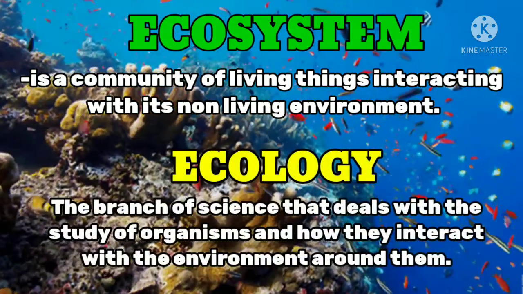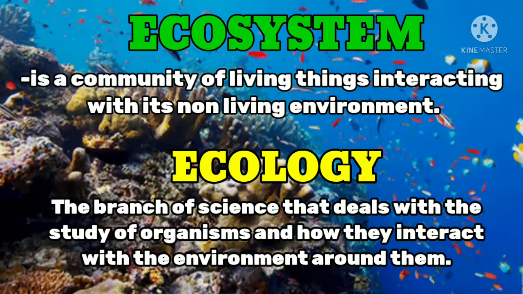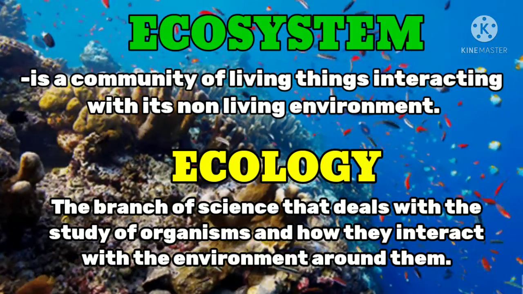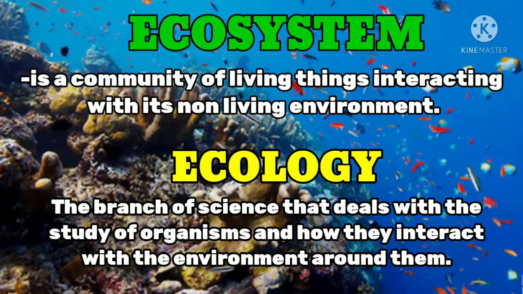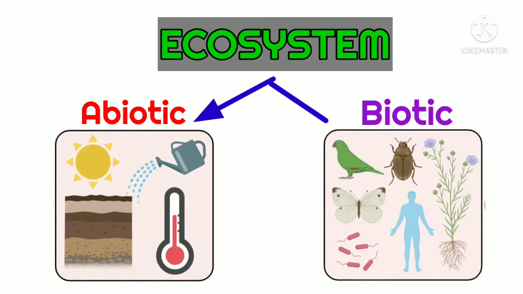The branch of science that deals with the study of organisms and how they interact with the environment around them is called ecology. An ecosystem is made up of abiotic and biotic components that work together to maintain balance.